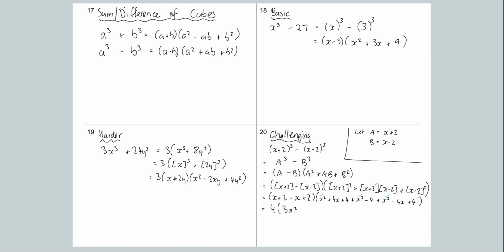Okay, next. 4x minus 4x is 0. 4 minus 4 is 0, plus 4 is 4. So weirdly, that goes all the way to a very simple expression of 4 outside of 3x squared plus 4.